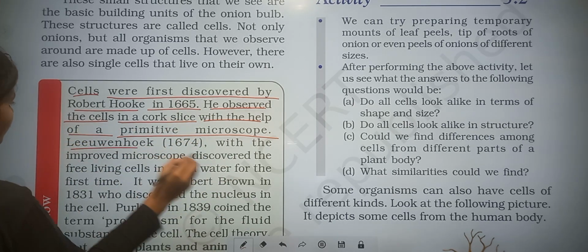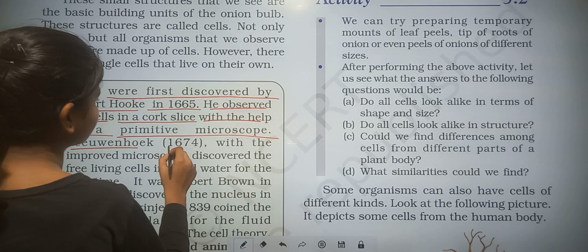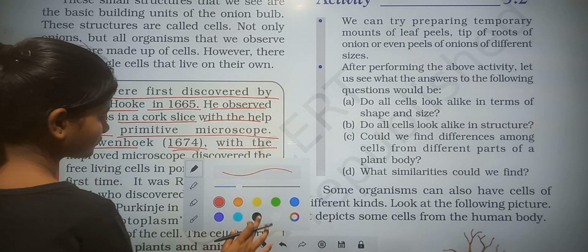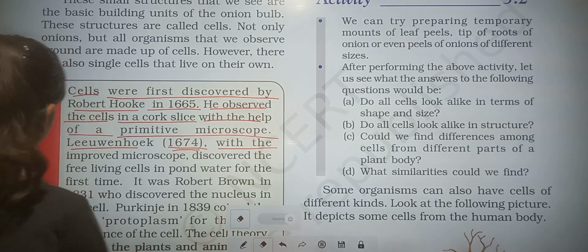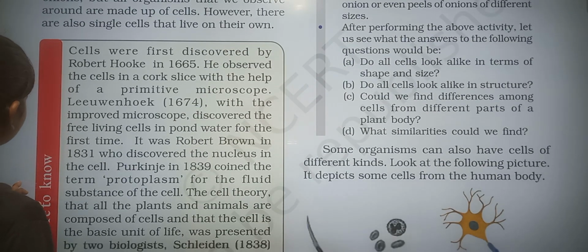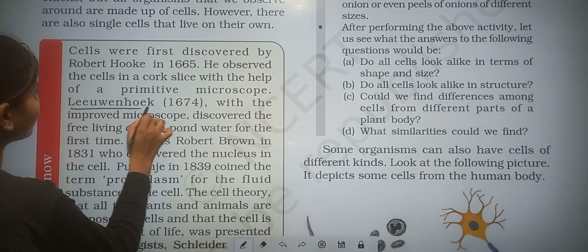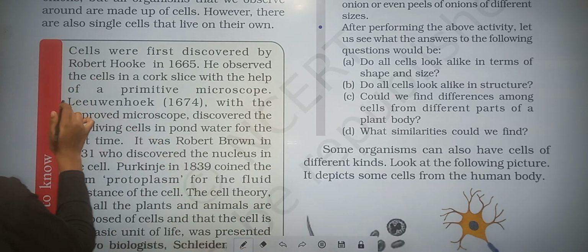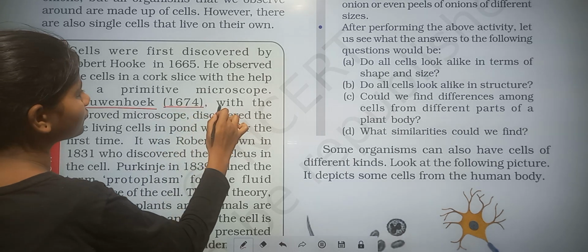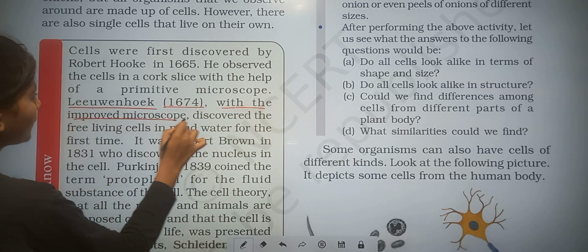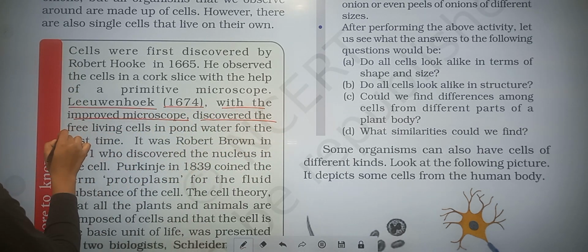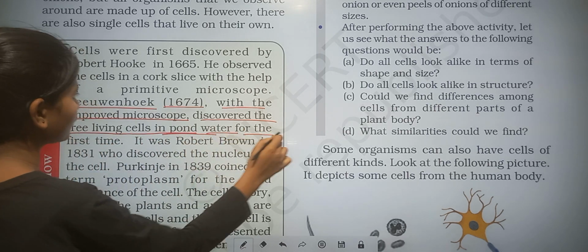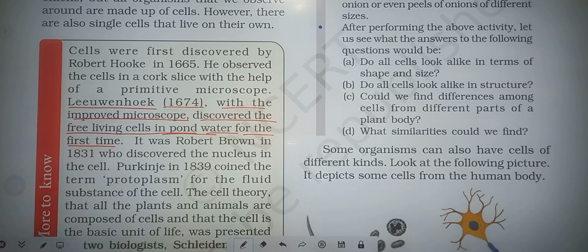Leeuwenhoek in 1674, with an improved microscope, discovered the free living cell in pond water for the first time.